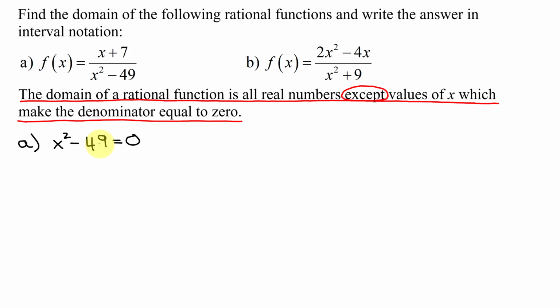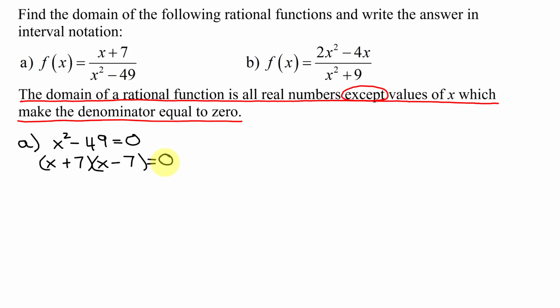Does x squared minus 49 factor? Yes, this is the difference of two squares. So I'm going to get the square root of x squared, which is x. The square root of 49 is 7, and I need opposite signs in my parentheses.